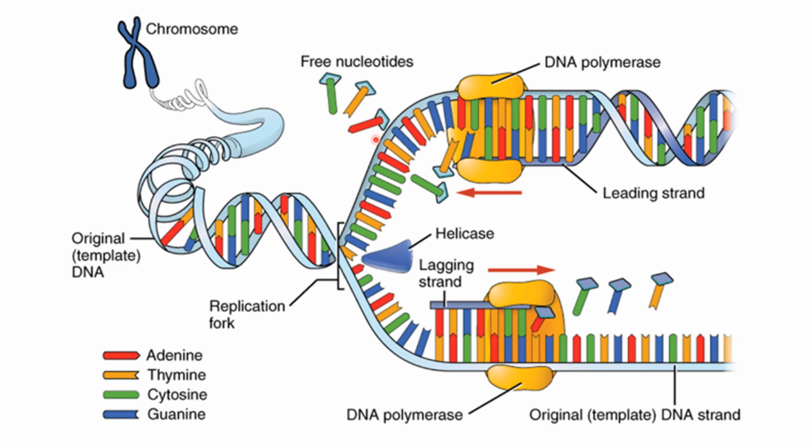These two separate strands act as the original template for the new DNA, the daughter DNA. Also note that the colors of these nitrogen bases stand for each nitrogen base.